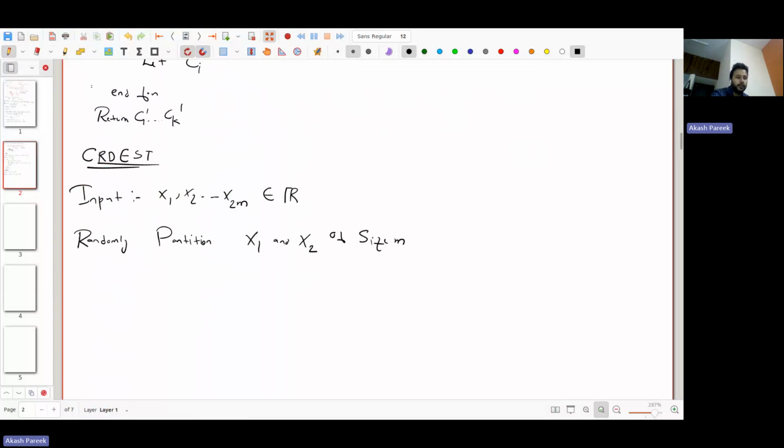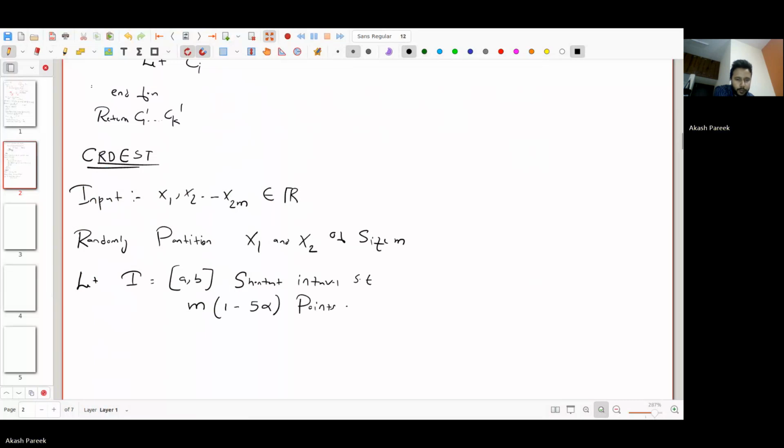Now you find an interval. Let I equal [a, b] be the shortest interval such that it contains m times (1 minus 5 alpha) points of X1. I'll explain this shortly.